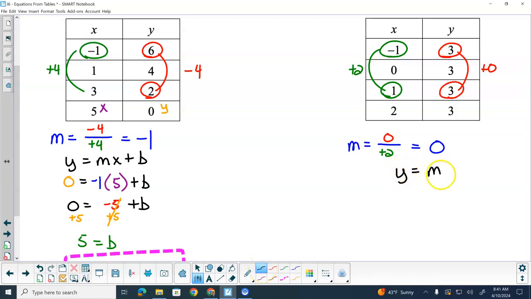Y equals mx plus b. Which point do you want to choose now? 1, 2, 3, or 4? 4? Okay.